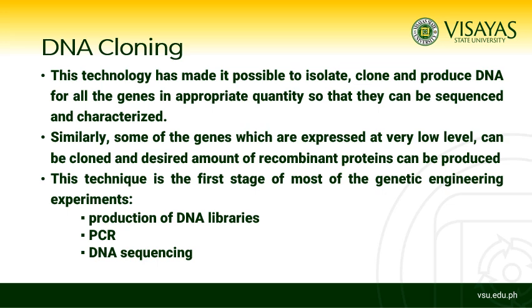DNA cloning is also the first step in many genetic engineering experiments. So without this, the process in genetic engineering wouldn't be possible. For example, we want to use DNA cloning to produce DNA libraries, which are collections of DNA that represent the entire genome of an organism. So this is useful when we want to identify and study individual genes within that genome.